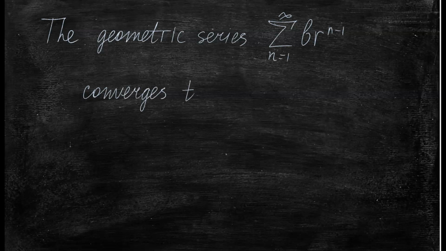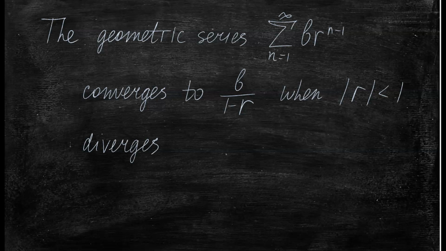The geometric series converges to b over 1 minus r when the absolute value of the common ratio is less than 1, and it diverges when the absolute value of r is greater than or equal to 1.